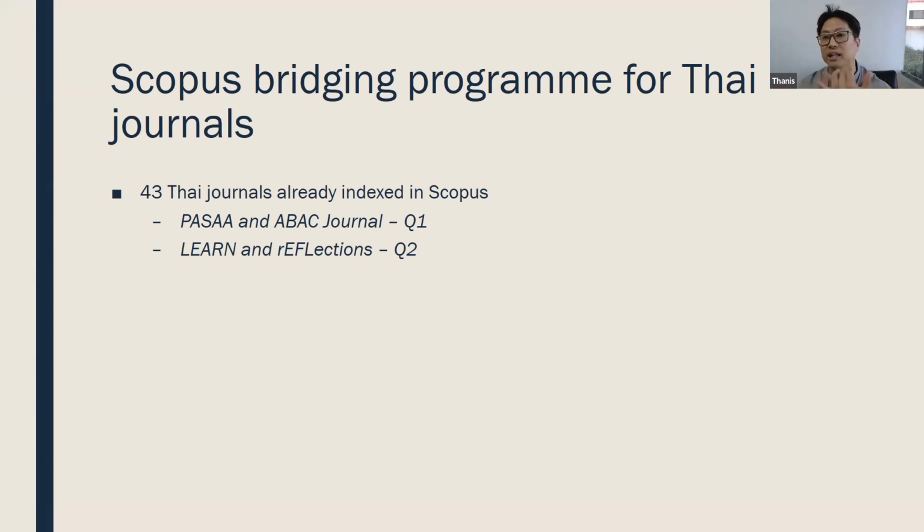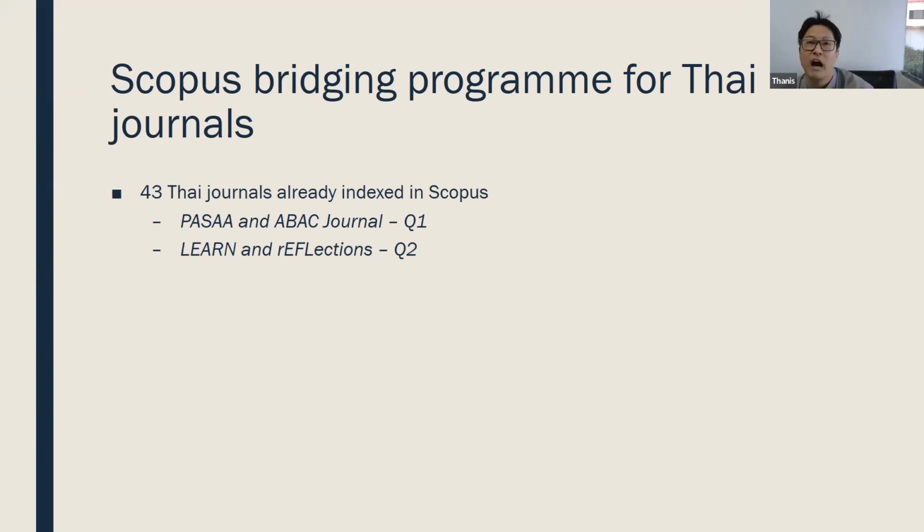Right now, we have Phasa of Chulalongkorn University, Reflections of King Mongkut's University, HUS of Silpakorn, and Kasetsart Journal of Social Sciences, KJSS. So we have like 6 or 7, and they just started a new batch, so I think 2 or 3 are coming in now.